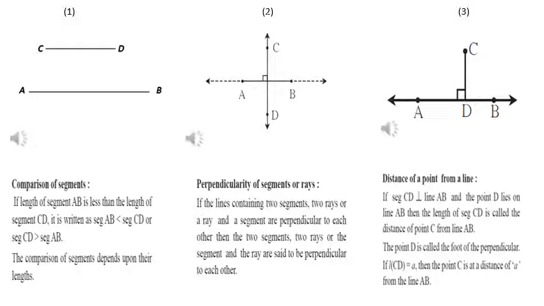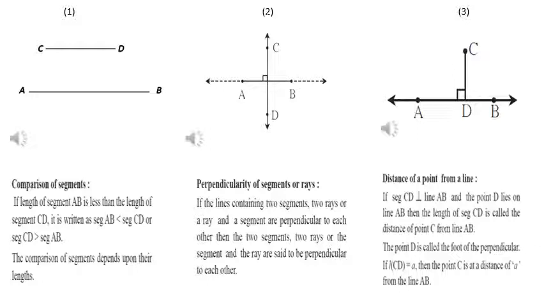So here, whenever you have any segment perpendicular to a line, the distance between the point outside the segment and the point on the segment is known as the distance of a point from a line.